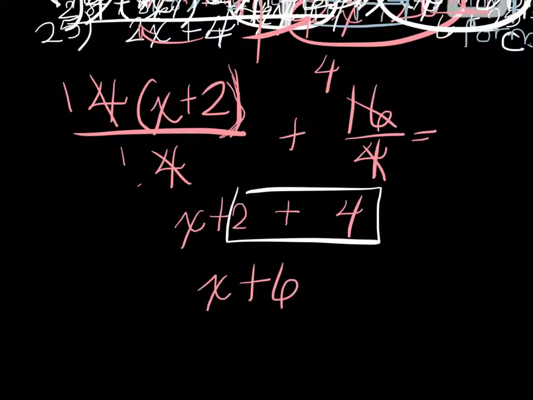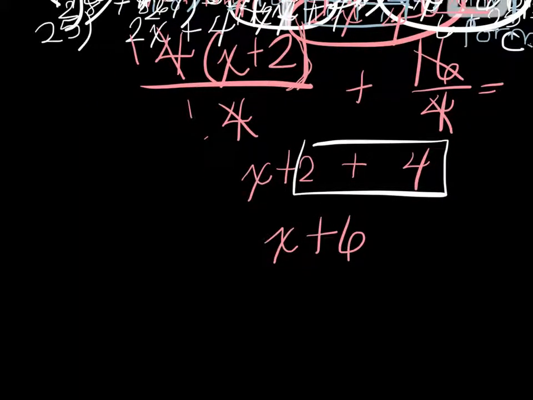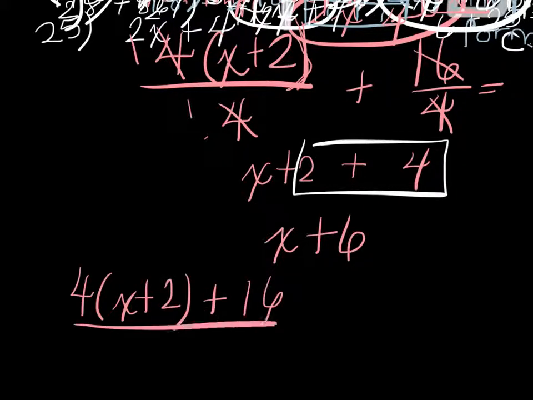However, if you decide to do distributive property over multiplication and then do division, you can do that as well. I've shown you a lot of that, so let's do it that way too. I have 4 times x plus 2 plus 16 all divided by 4.